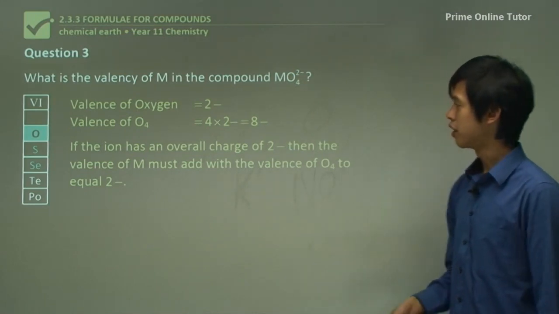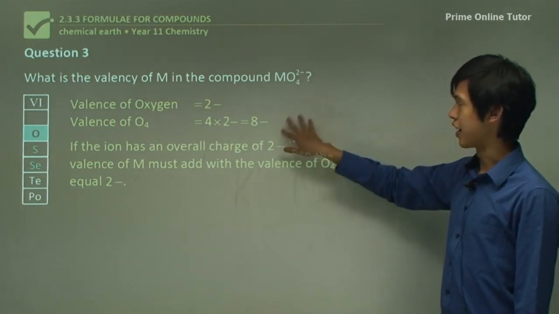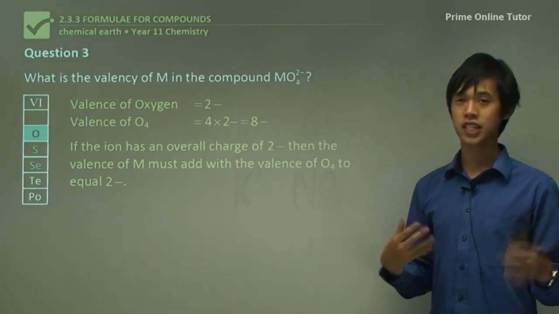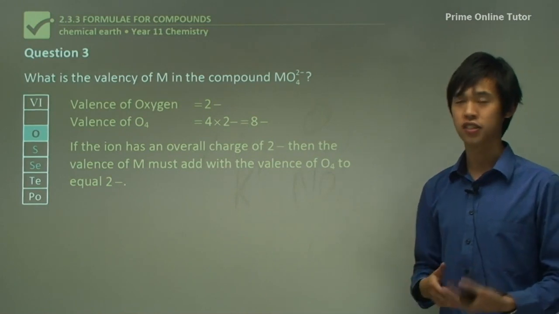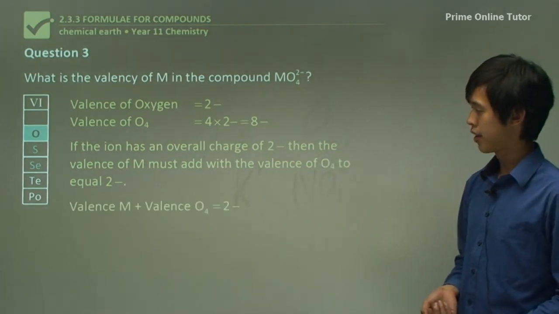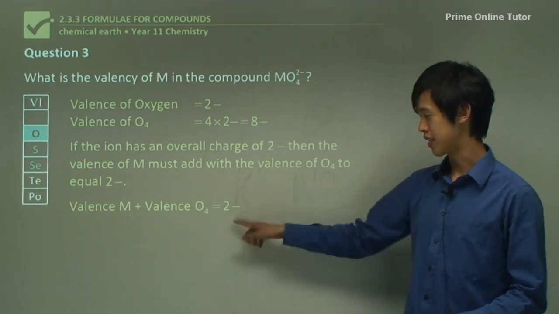So if you've got 8 negative charges, and in total, what you can see from the outside is 2 negative charges, there has to be some number of positive charges cancelling out some of these negative charges. Okay? So the valence M plus the valence O4 has to equal 2-.